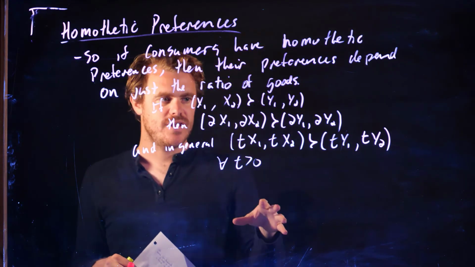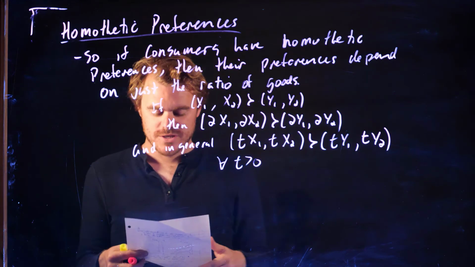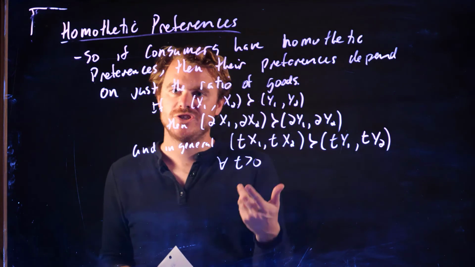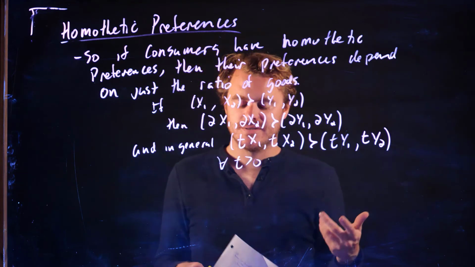And so if you have homothetic preferences, this is true. Your preferences are just about the ratio of the amount of goods.